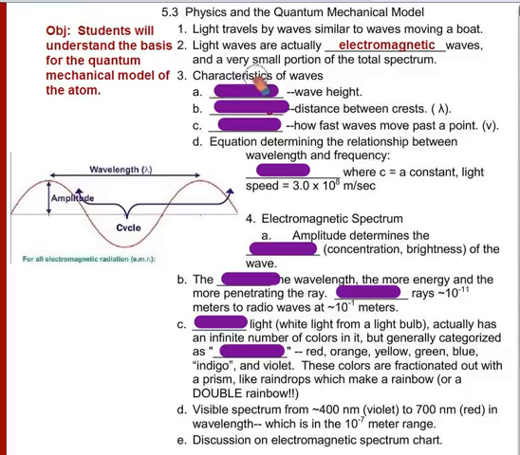Now we have certain characteristics of a wave. The first one is the amplitude, which is wave height, the distance above the center line to the crest or the trough of a wave. The wavelength, which is the distance between crests. Here's the crest.